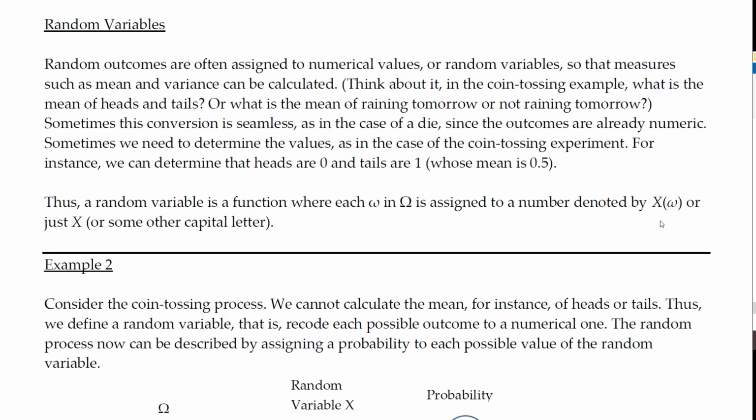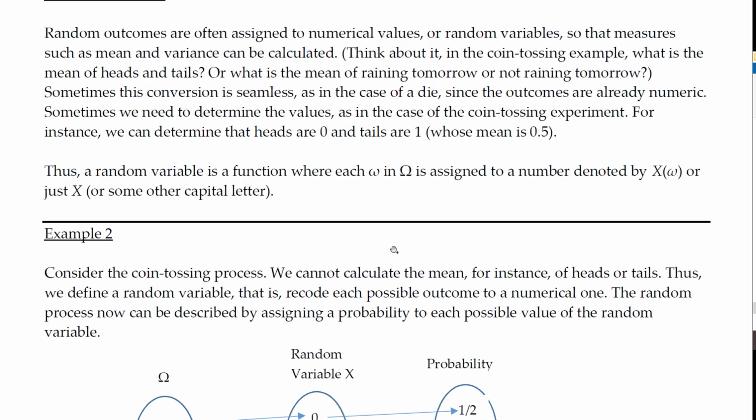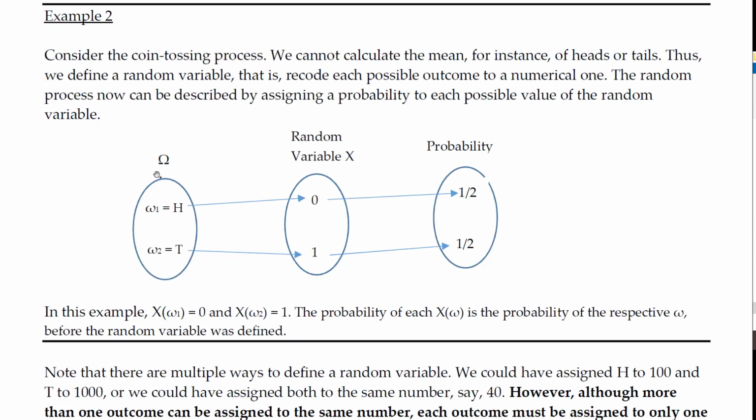A random variable is a function where each outcome omega in the sample space is assigned to a number, which is denoted by X of omega. So here's an example. I'm going to flip a coin. The possible outcomes are heads and tails. So the random variable X is the following.